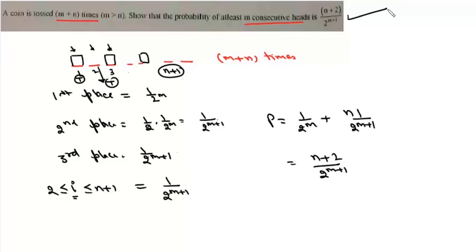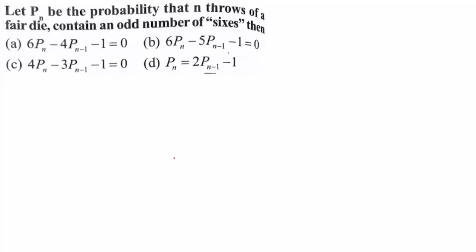Now here the question is, let Pn be the probability that n throws of a fair die contain an odd number of 6s. Now the probability of getting a 6 is 1 by 6, and the probability of not getting a 6 is 5 by 6.